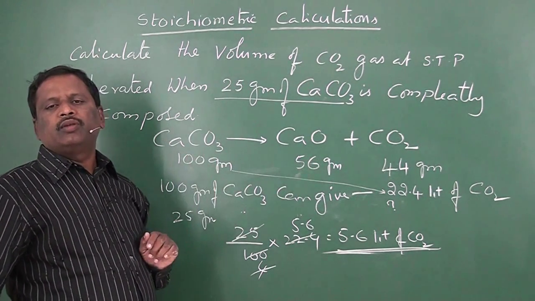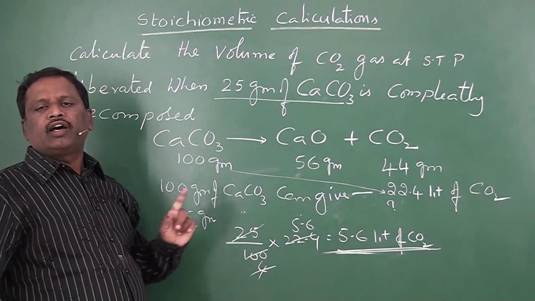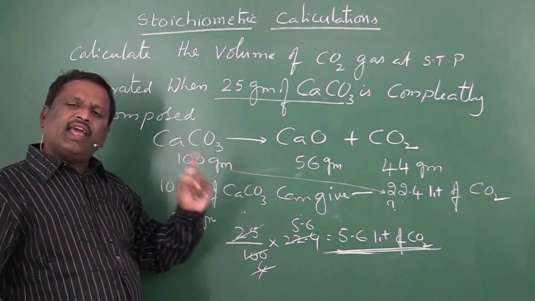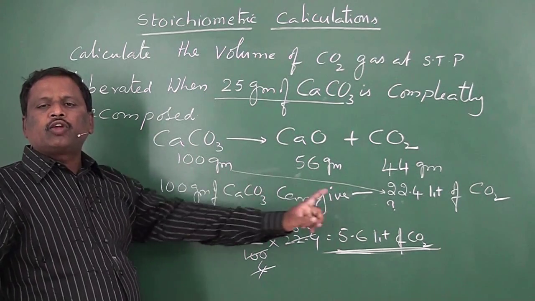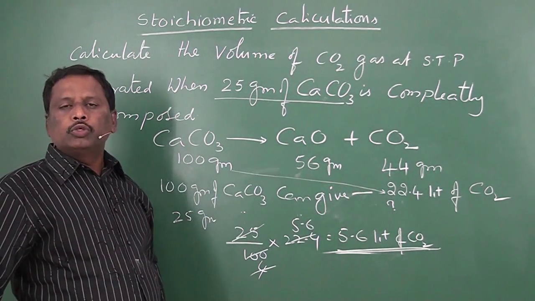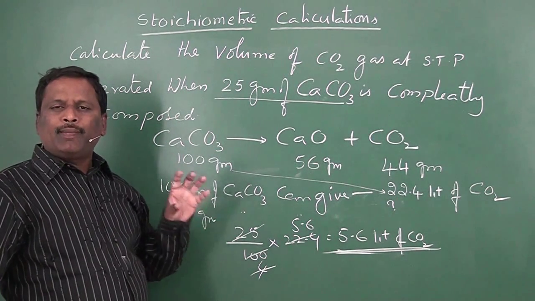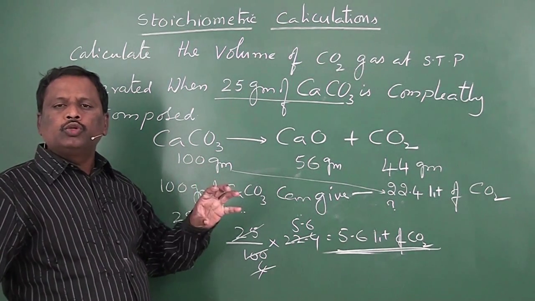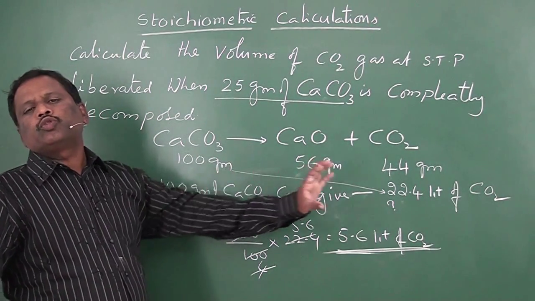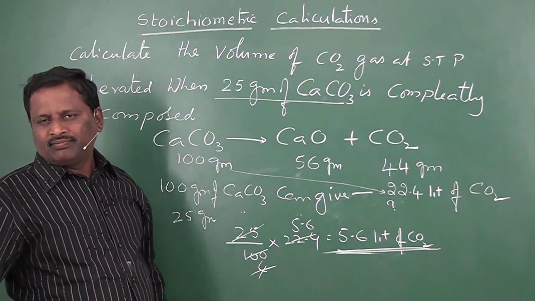So 44 grams will be the gram molecular weight or gram mole or simply a mole. So 1 mole of any gas at STP conditions will occupy 22.4 liters, that we call the gram molar volume. So the carbon dioxide volume in the decomposition of 100 grams of CaCO3 is 22.4 liters.